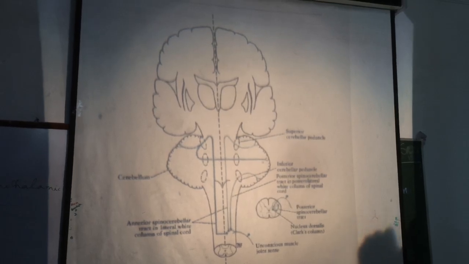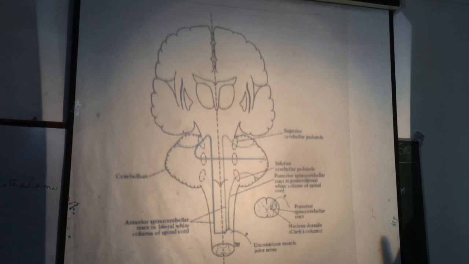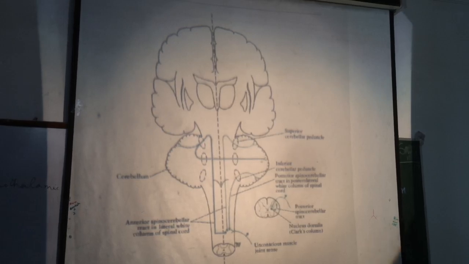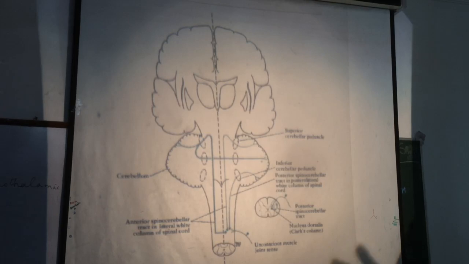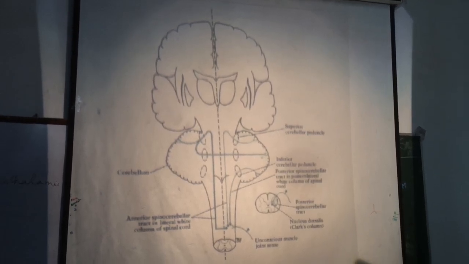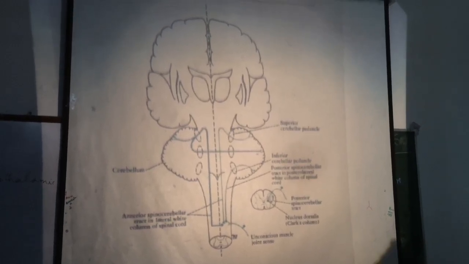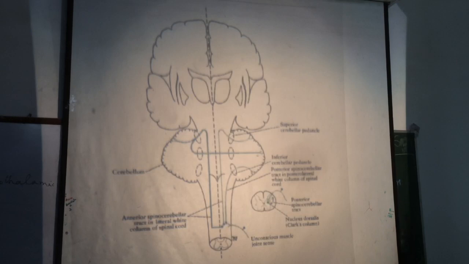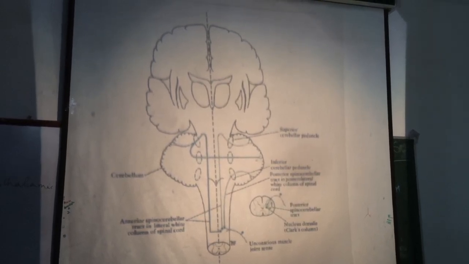First order nerve fibers carrying impulses enter the spinal cord through the posterior nerve root.